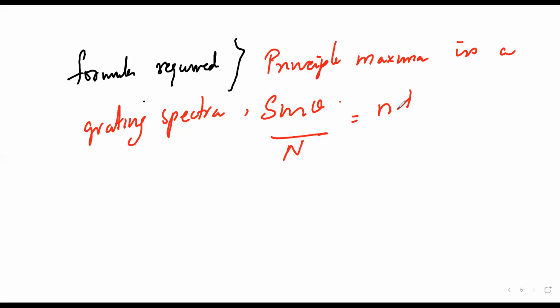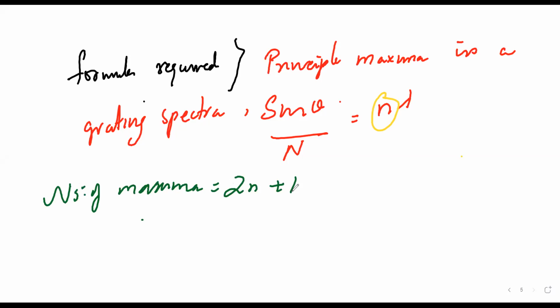This N is very important for us to find the number of maxima, because the number of maxima formula is 2N plus 1. So I have to find this N. In the question, they've given almost everything. So how do I find this N? This N is nothing but 1 by lambda capital N.